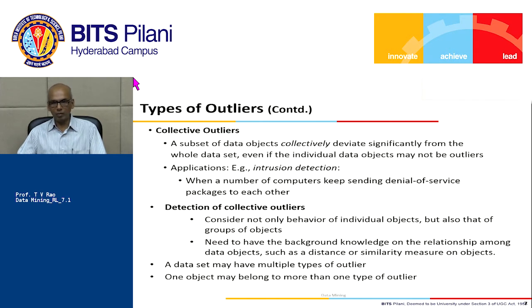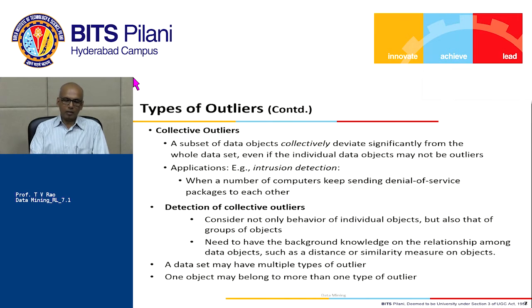They were all vulnerable, and some hacker got control of those machines, and all of them participate in the denial of service packets. In this type of threat, it is not necessary that just one machine in the world will be affected. It is likely that several machines will be affected, so you possibly need to look at it as a collective outlier.